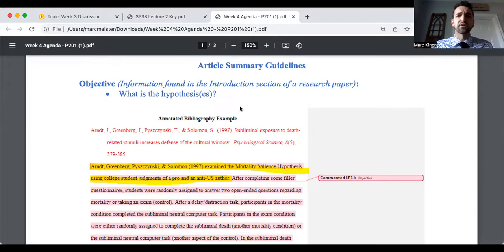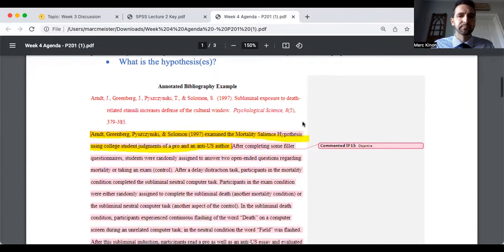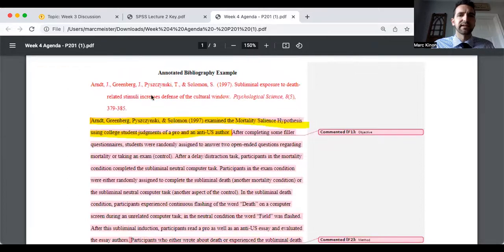The first part of the article summary is the objective. So what you're trying to answer here is, what's the objective of the article that you're summarizing? A good way to think of this is, what are the hypotheses, or what is the hypothesis, right? So for example, I just put an example here.